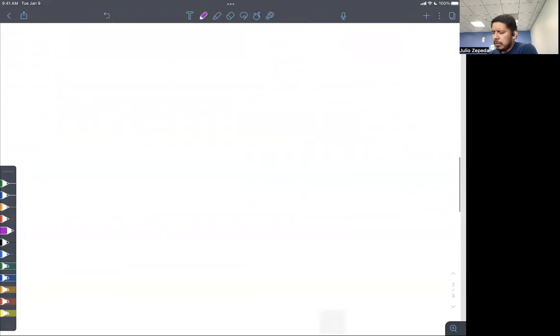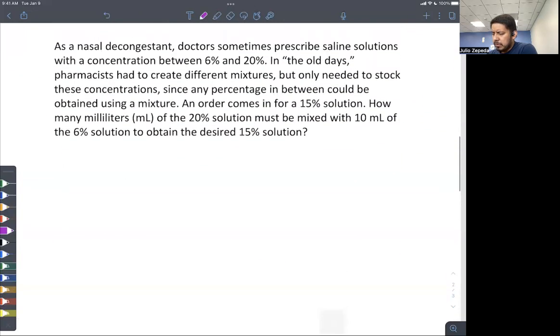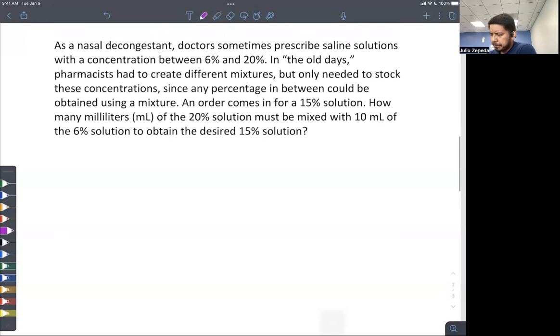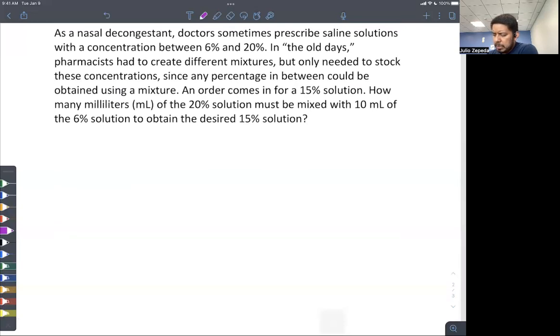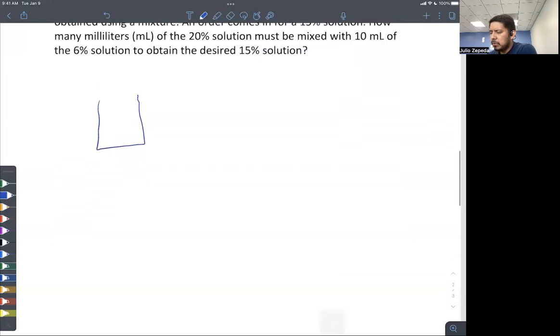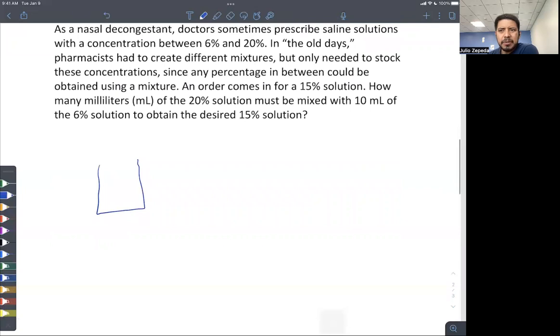And before we do this problem here, let's take a look at a similar idea, but I'll just make something up here. Let's use orange juice, right? Something that's a little bit easier to understand, and we'll use simpler numbers than 6% and 20%.